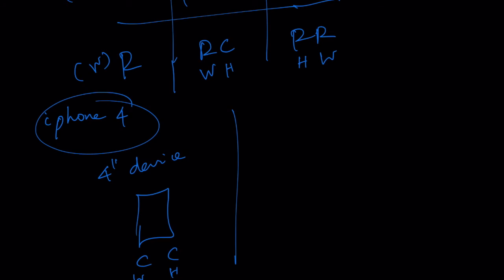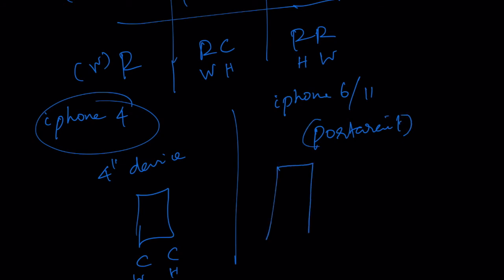But if you take an iPhone 6 or 11 or any other iPhone device in portrait orientation, then the device will be like this, right? Here this one is the width, and this one is the height.